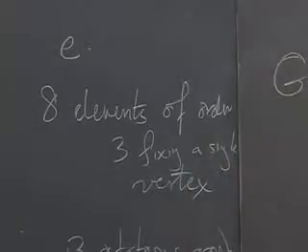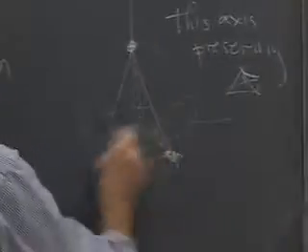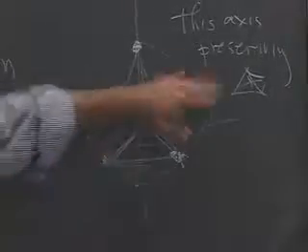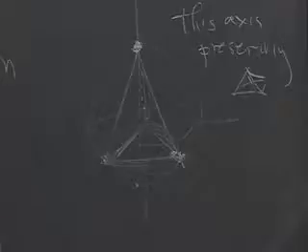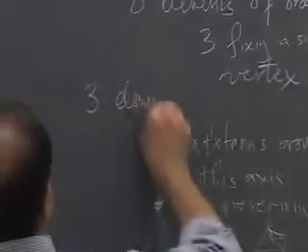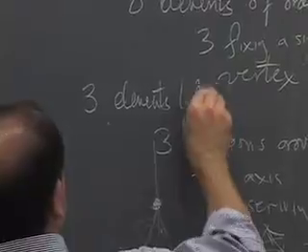Because each vertex gives you 3 elements, but one of them is the identity element, so you get these 2 non-trivial rotations, and you get 8 rotations that way. So there are only 3 elements left in the group, because there are 12 elements in the group.